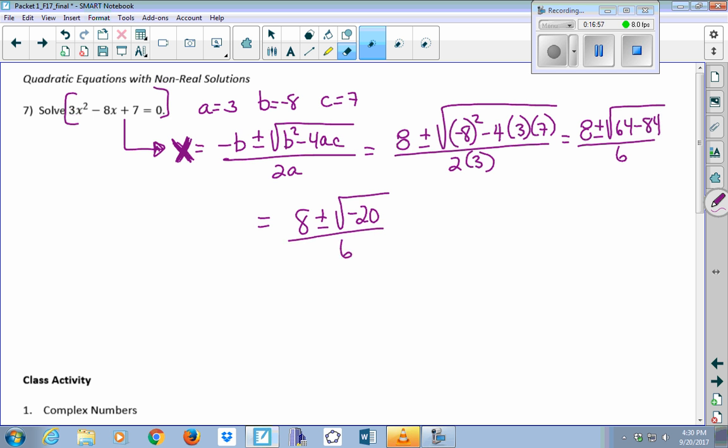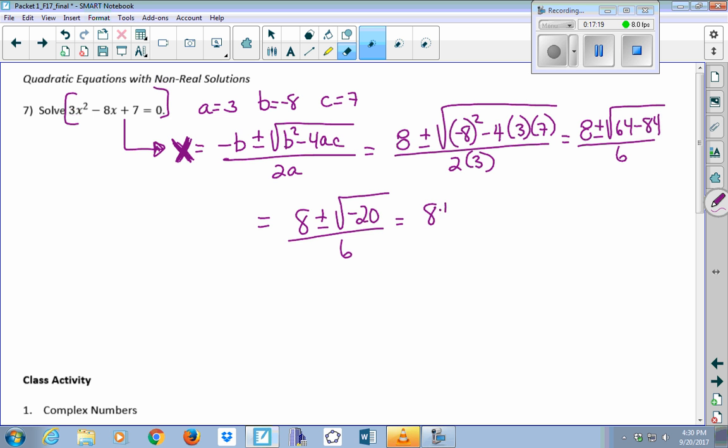So the minute you see the negative 20 under that radical sign, you know that i is going to be part of your solution. So again, if you recall how to simplify the square root of 20, then the square root of negative 20 will be the same answer with an i as a factor.